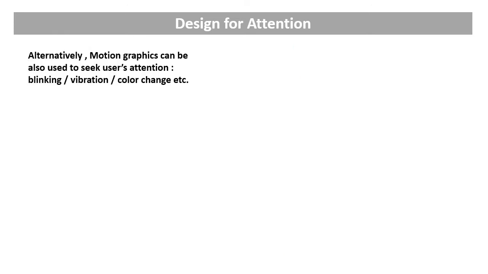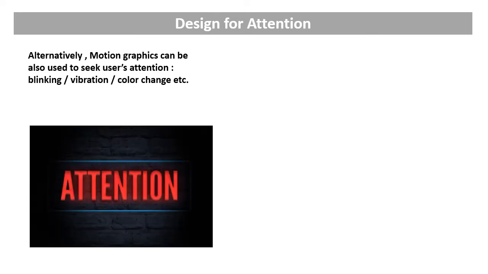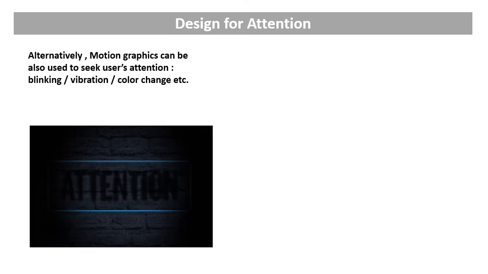And then alternatively, motion graphics can also be used to seek users' attention. Like we can see this letter is constantly glowing on and off. It is also seeking your attention.